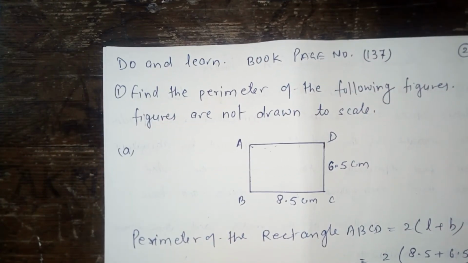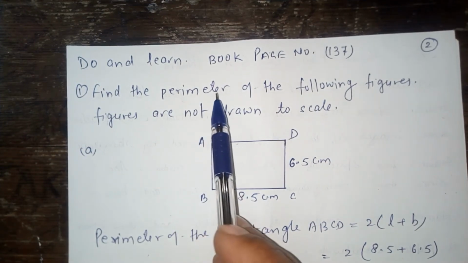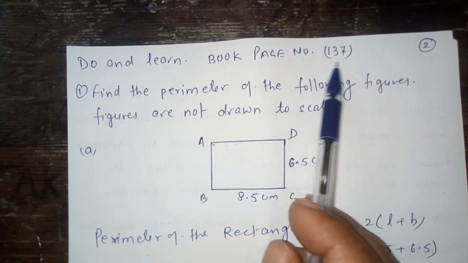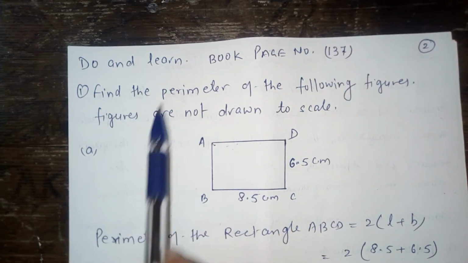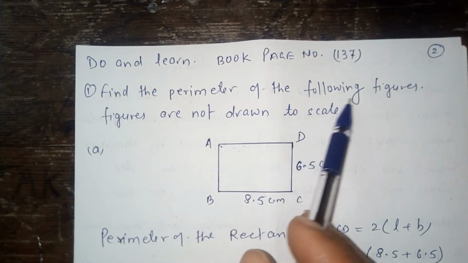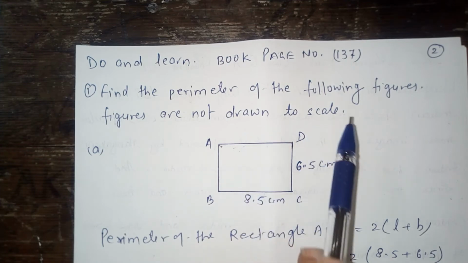I hope that what is the perimeter of rectangle and square will be very clear to you. Do and learn. In this question, find the perimeter of the following figure. Figures are not drawn to scale.